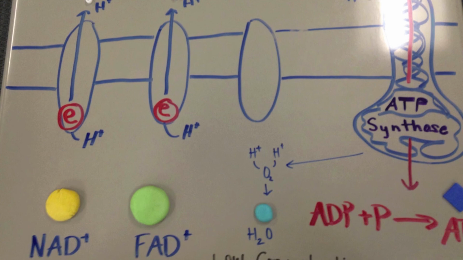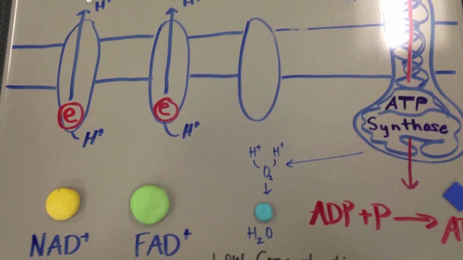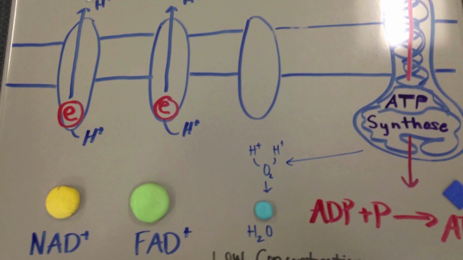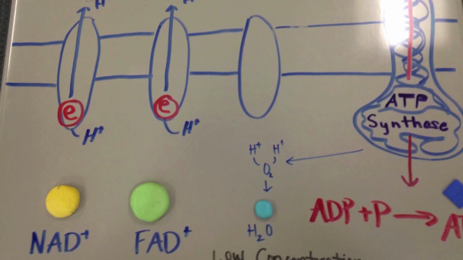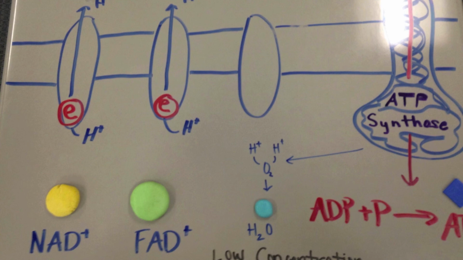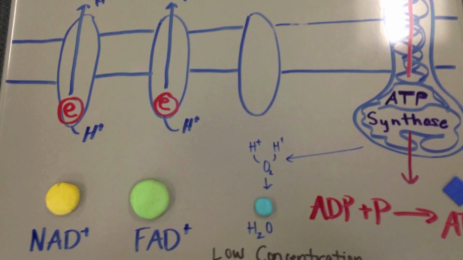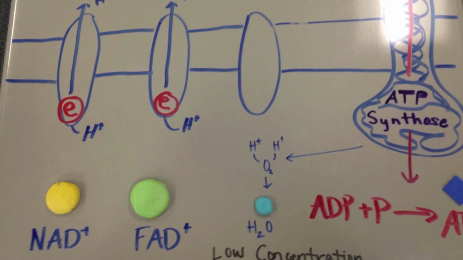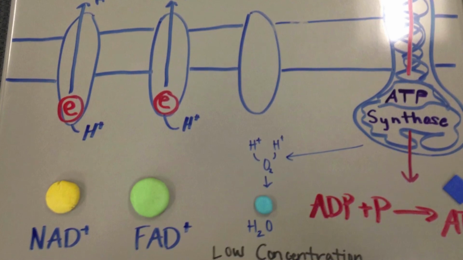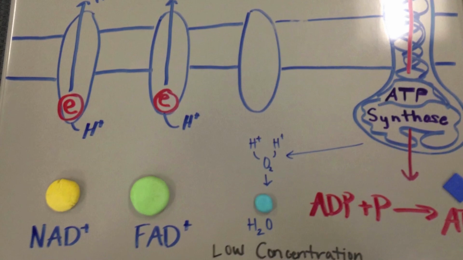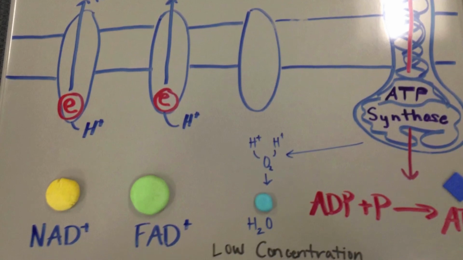Therefore the oxygen inside the low concentration will combine with the hydrogen ions, creating water, and that's the process of electron transport. So our end product should be 6 water, 32 ATP, 6 NAD, and 2 FAD, thus completing cellular respiration.